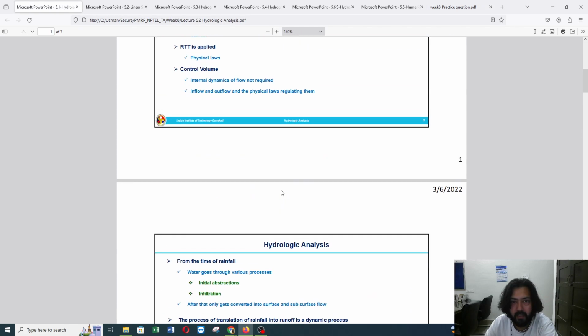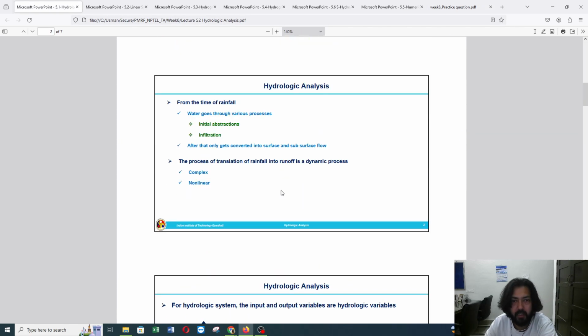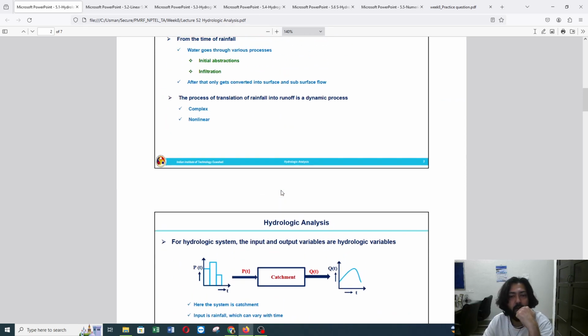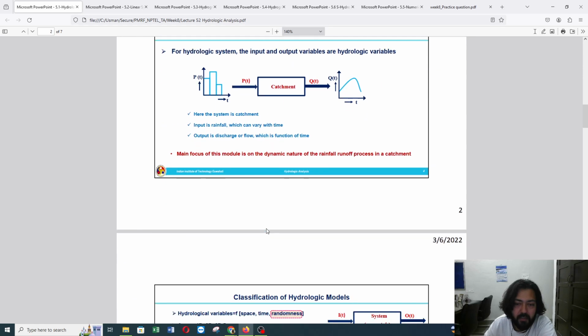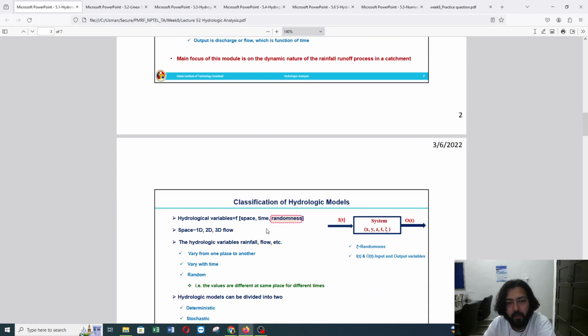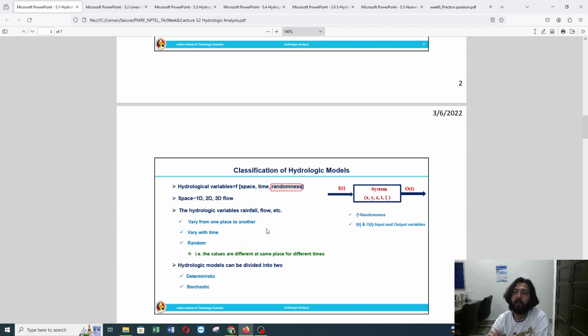So in today's class we started talking about hydrologic analysis. We talked about what a hydrological system is. Any system that consists of input and output variables as hydrological variables is called a hydrological system, right? And we know that this hydrological system is a linear system. Then we also talked about the different classifications of hydrological models. Hydrological models are classified based on 3 functions: the first is function of space, function of time, and randomness.